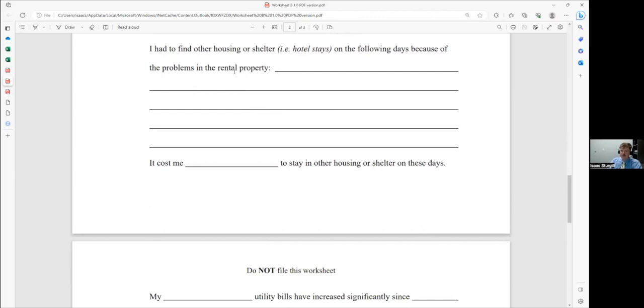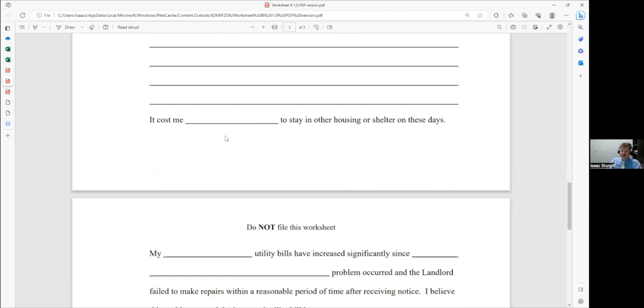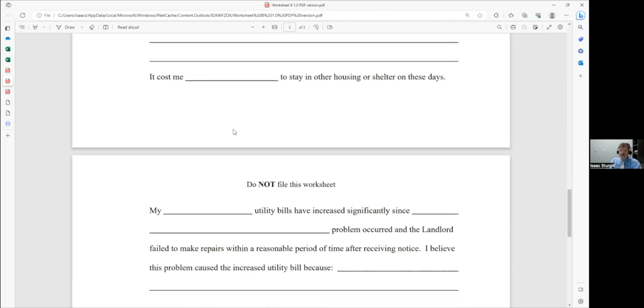So if you had to stay in a hotel, you write, I had to stay in a hotel for these days, for this week, or list the amount of days that you had to stay in the hotel, and then you list the cost for how much it costs for that shelter for that time period.